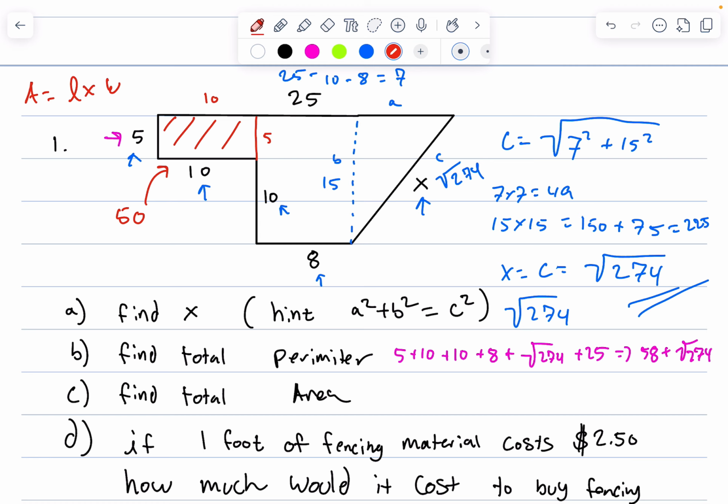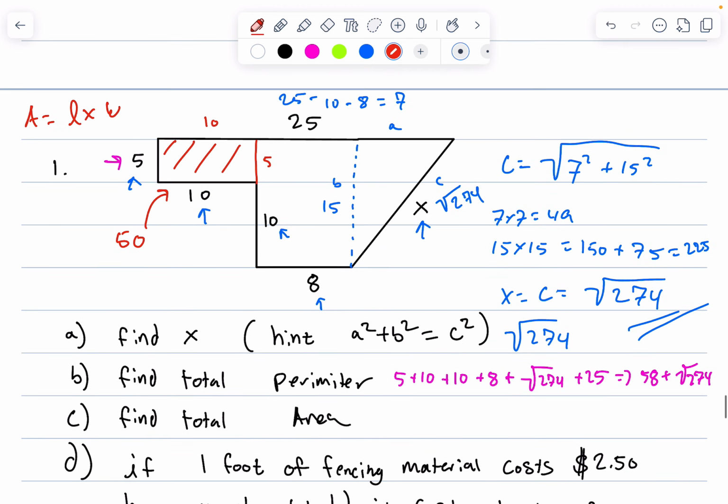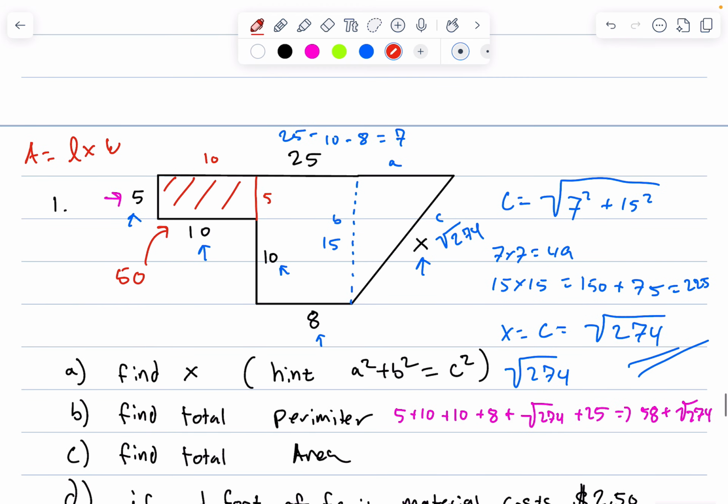Okay, and we know a is equal to 7, right? So this side is 10, this side is 7, so that's 17. If we want to find this area, it's 25 minus 10 minus 7, and you should get 8, because that also lines up with this one.